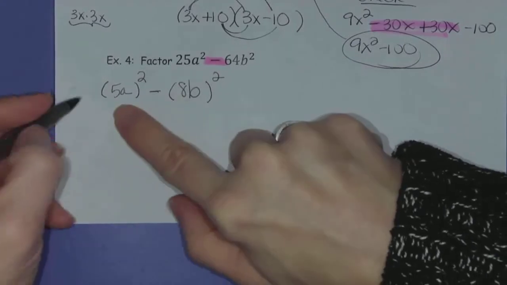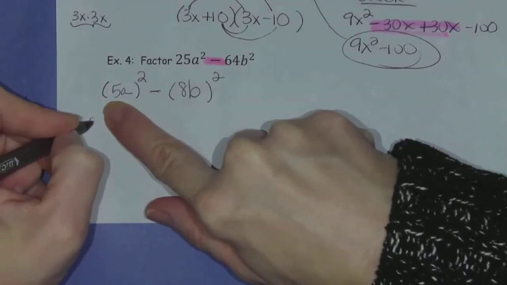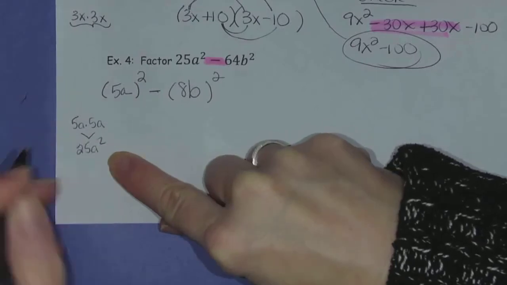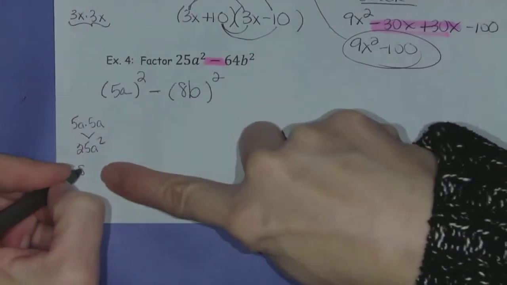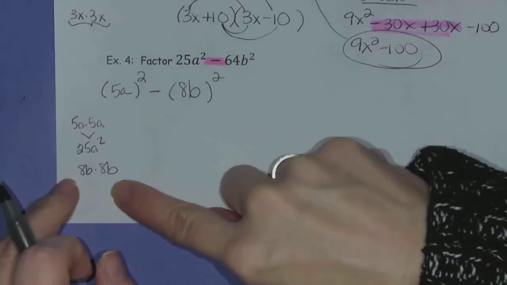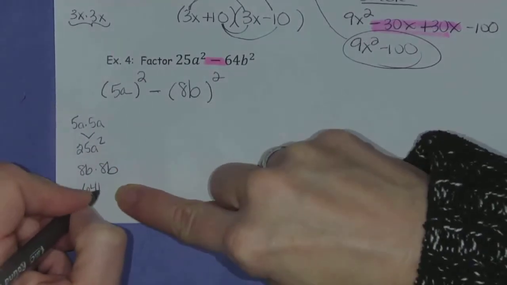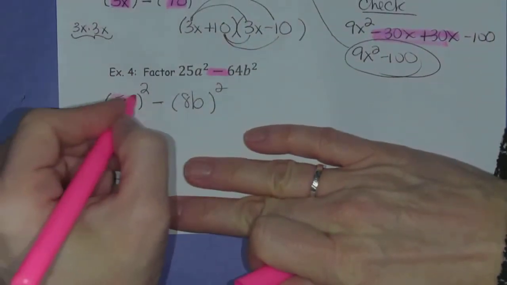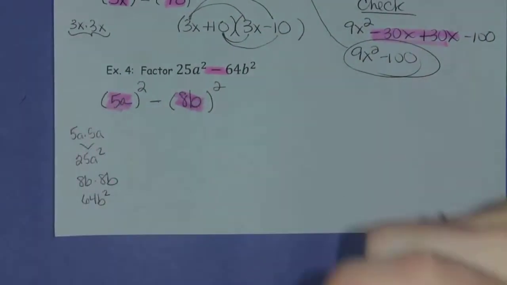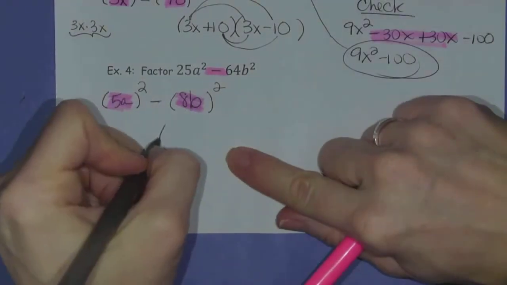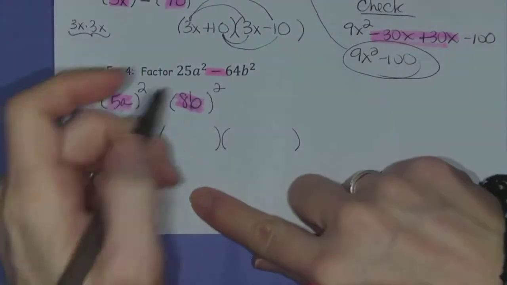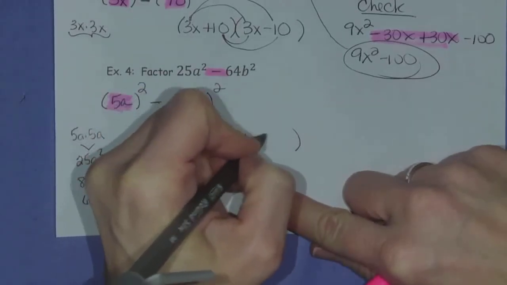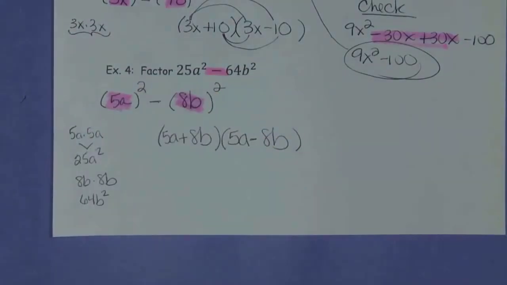I can check that. 5a times 5a definitely makes 25a squared, and 8b times 8b definitely makes 64b squared. Okay, so I've got a here and b. So my final answer should be factored form 5a plus 8b, 5a minus 8b.